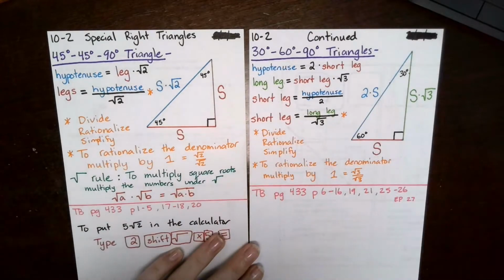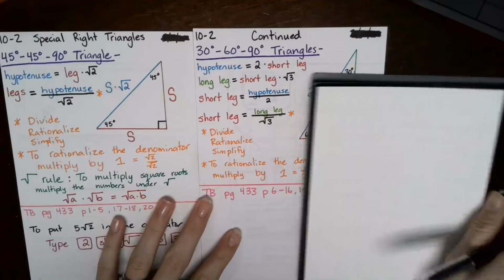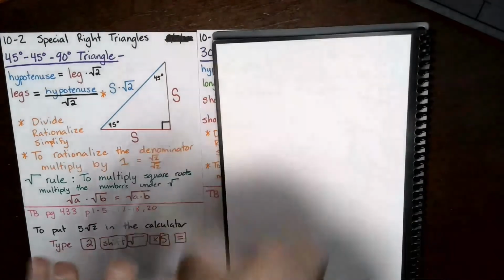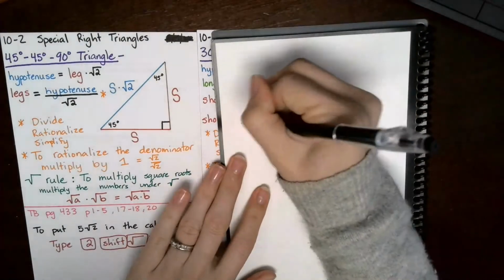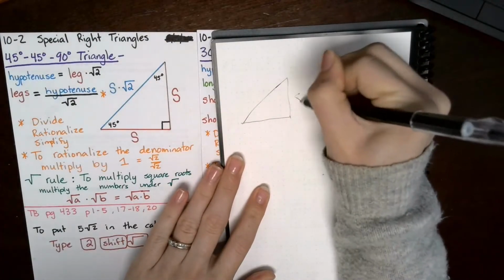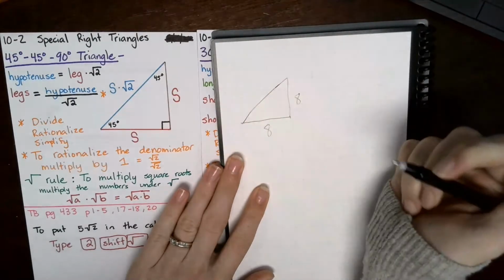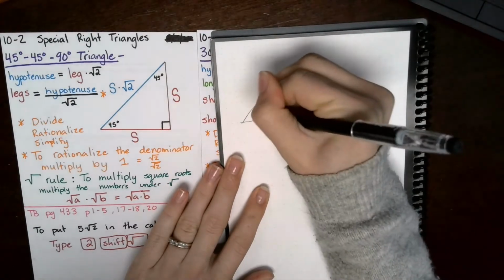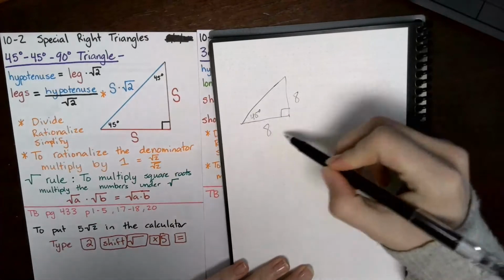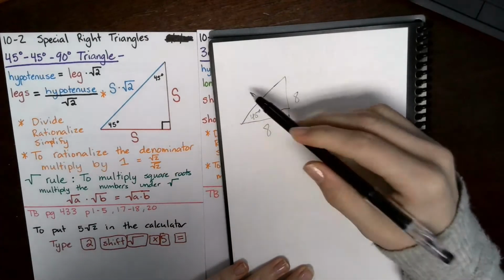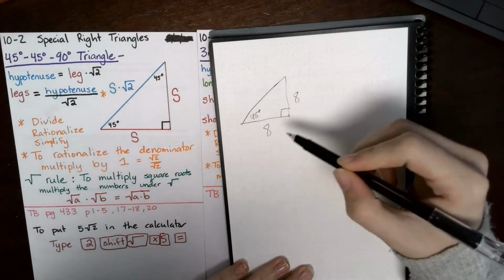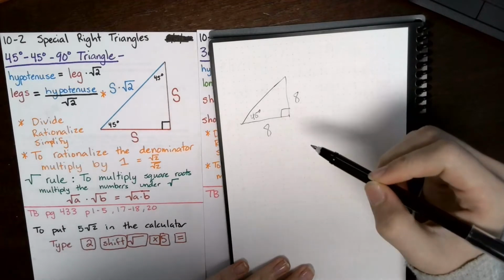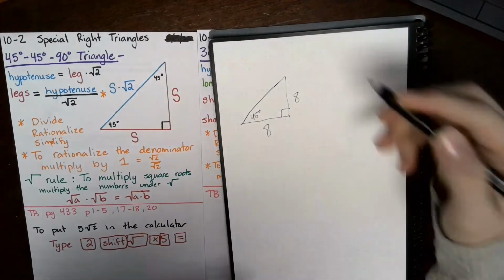So for example, this is a question that we did on our warm-up today, if I know that each leg is 8, and it's a right triangle, and it's got a little 45 degrees in here, I could do the Pythagorean theorem right here to figure out what this is, okay? 8 squared plus 8 squared, 64 plus 64, I get 128, I do the square root of 128.